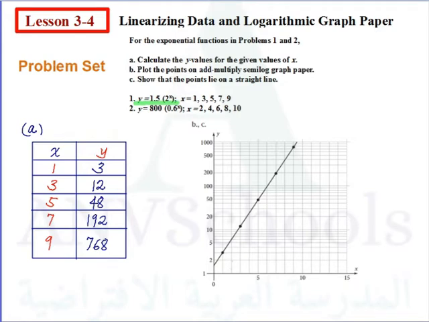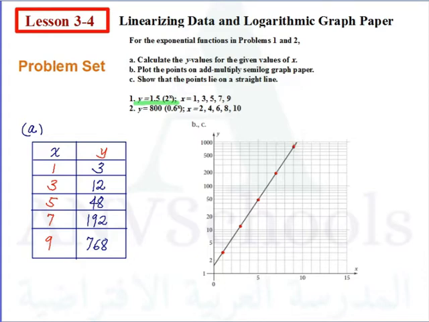If my x is 3, I will have 12, so it's here. If my x is 5, then it's 48, so close to 50. My x is 7, it's 192, so it's here. And if x is 9, 768, so it's here.